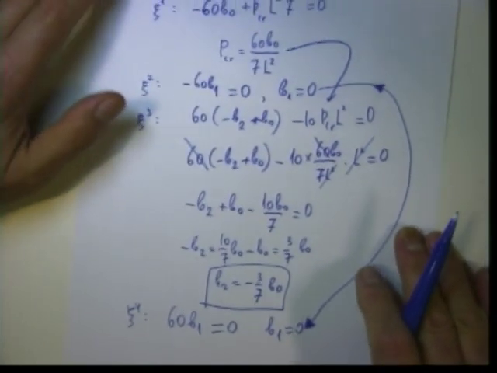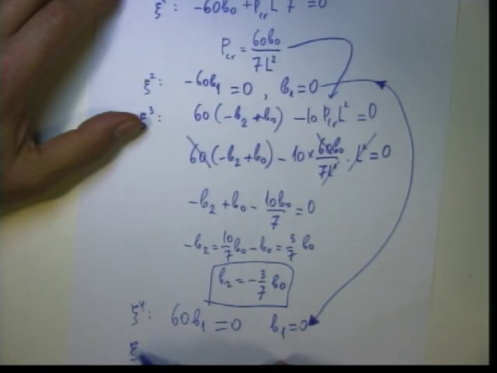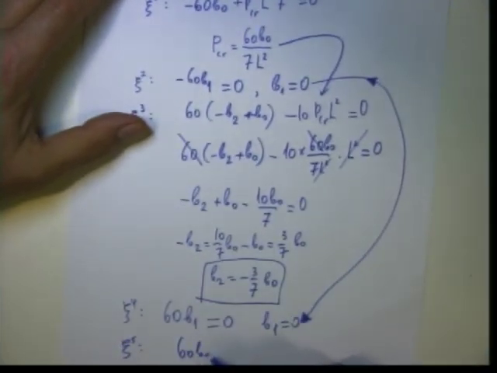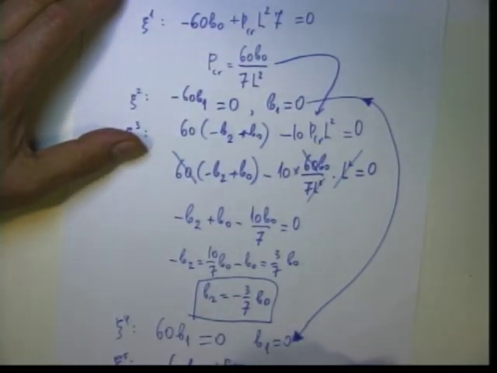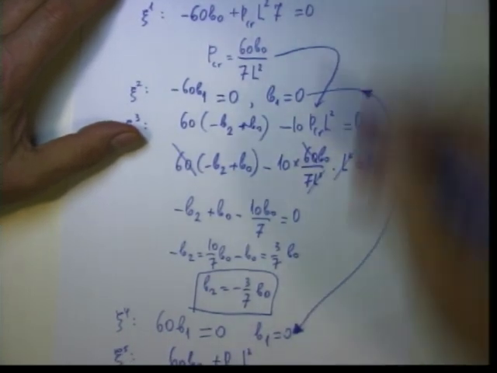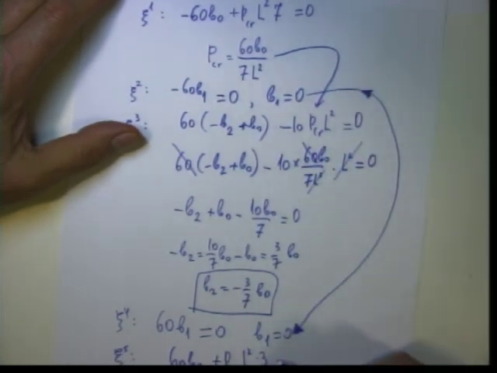Now psi in fifth power. So that is 60 B2, and then plus P critical L square times 3 equals 0.